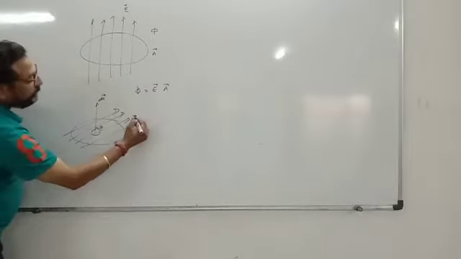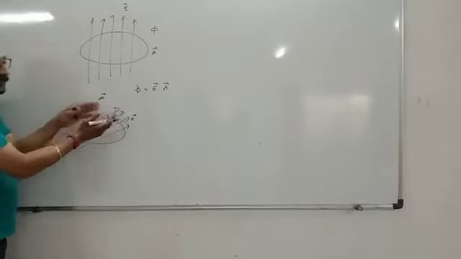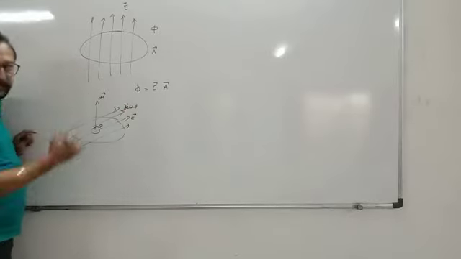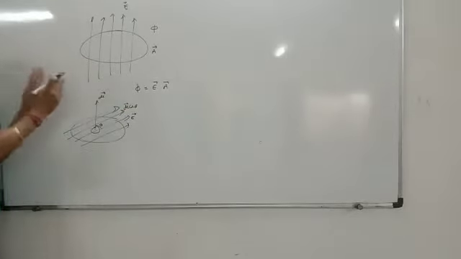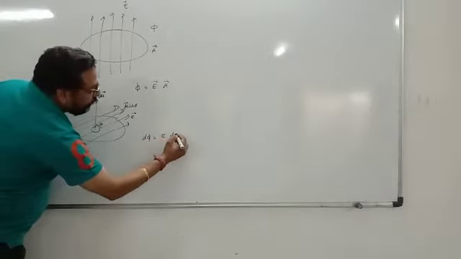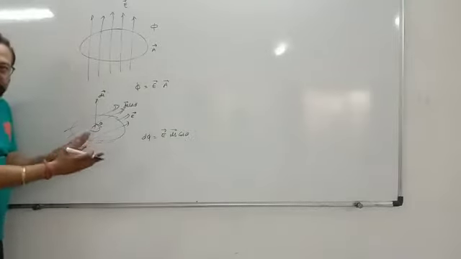This is a component of E, and the ds component in this way is ds cos theta. That's simple. Then what is the flux? d phi is equal to E dot ds cos theta, and this is the flux component.